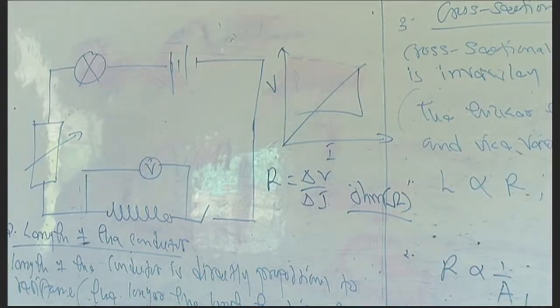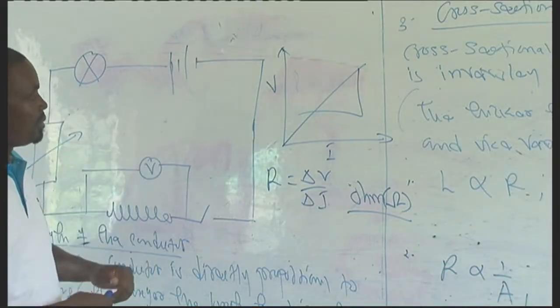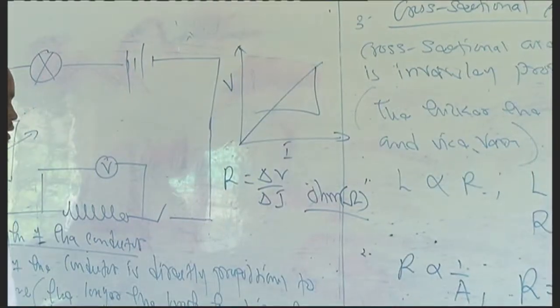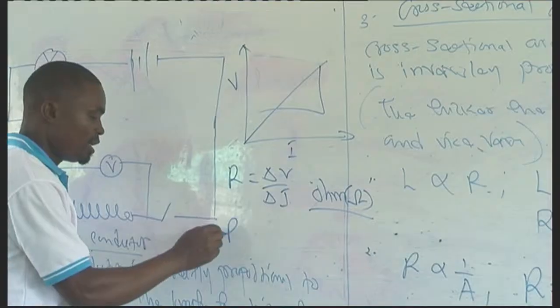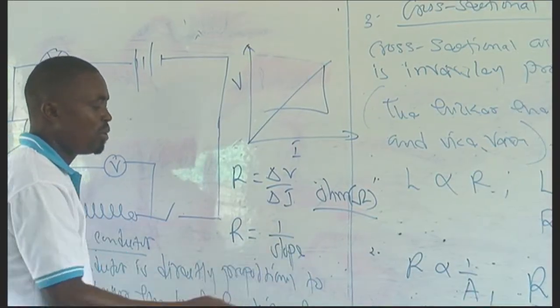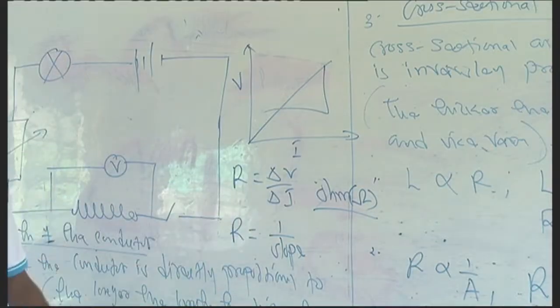If we interchange the axes, so that we have I against V, then R, the resistance, will be the inverse of the slope, or 1 over the slope.